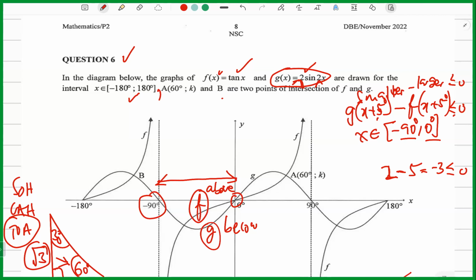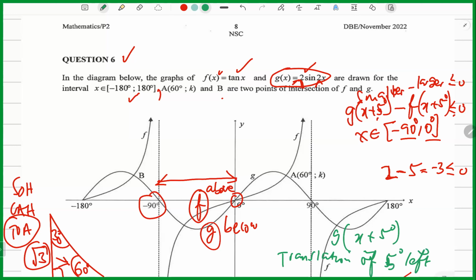Now let's cut to the chase and get the answer, what all this means. The examiner has just moved the graph, because if you add 5 degrees, it means you are moving the graph 5 degrees backwards, to the left. So if you say x plus 5 degrees, you are speaking of a translation of 5 degrees to the left.